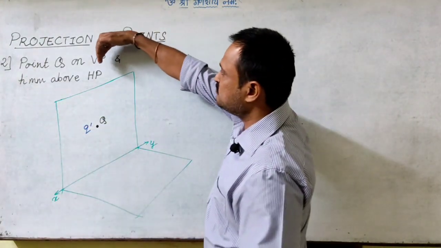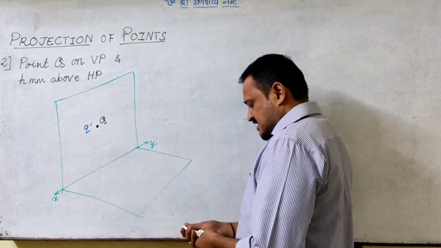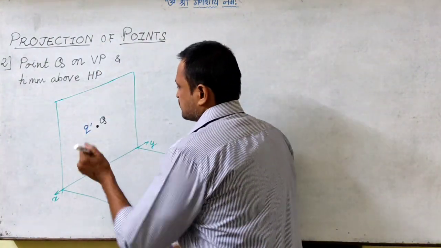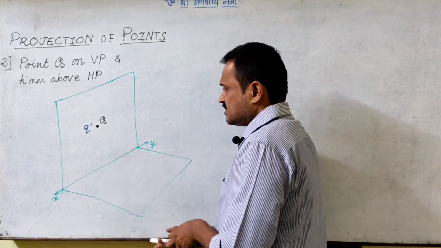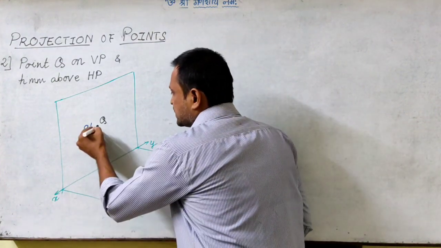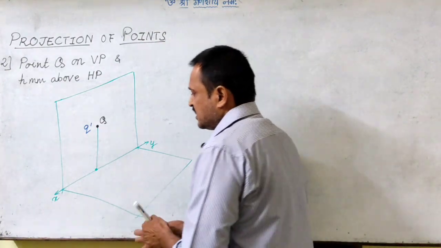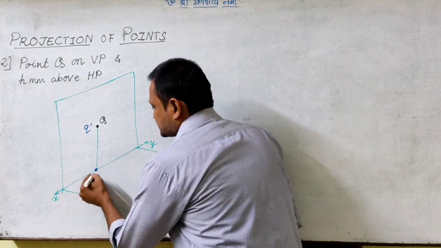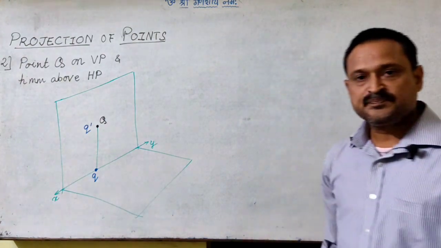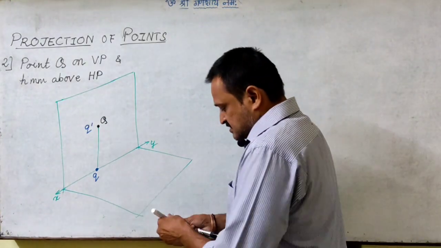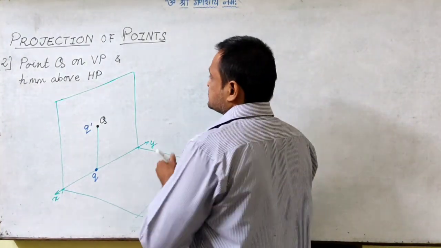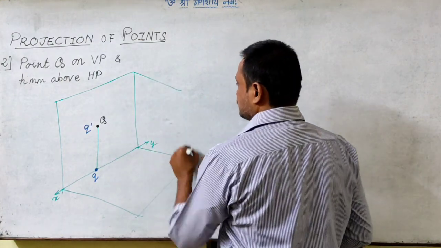For the top view, when I am looking at it from the top, when we pass the projector through the point Q, we get the top view image of this point on the reference line as Q. As far as the profile view is concerned, I'll get the profile view on the profile plane.